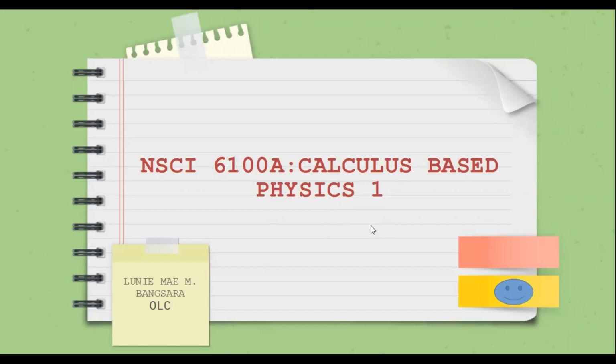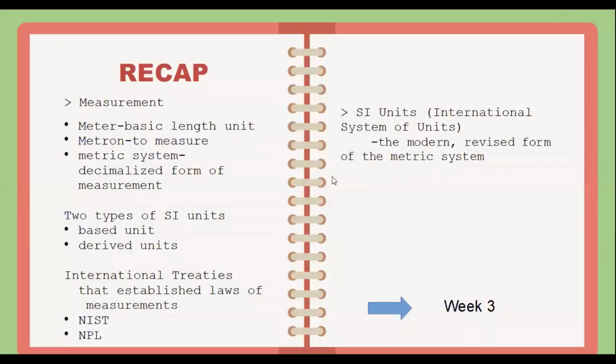So before I start my discussion in week 2 and week 3, let's first have a recap on what we discussed during our last meeting. Last meeting, we discussed measurement.